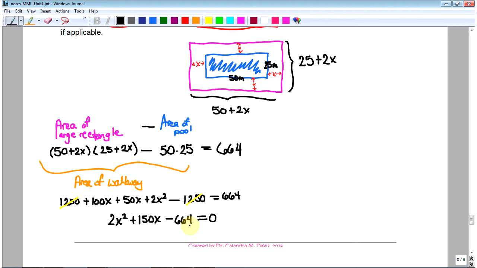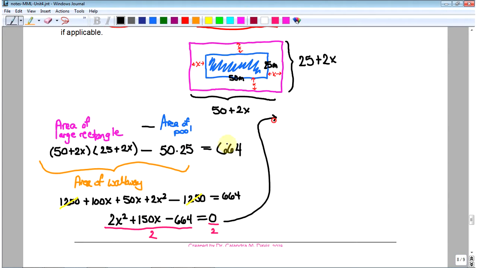But to make our work a little bit easier, notice that each of our terms could be divided by 2. So to make our numbers a little bit smaller, I'm going to divide both sides of my equation by 2.